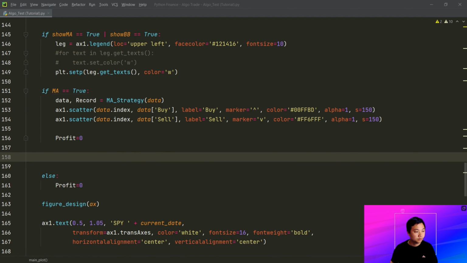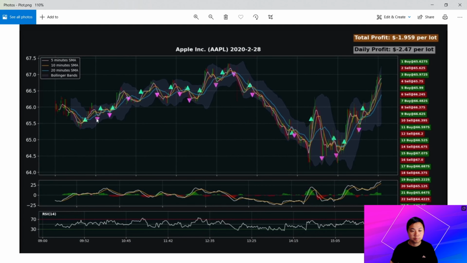This will show the plot like this with the buy sell actions along with the moving average, or along with the candlestick.